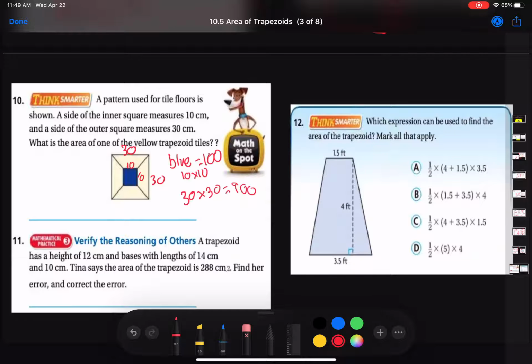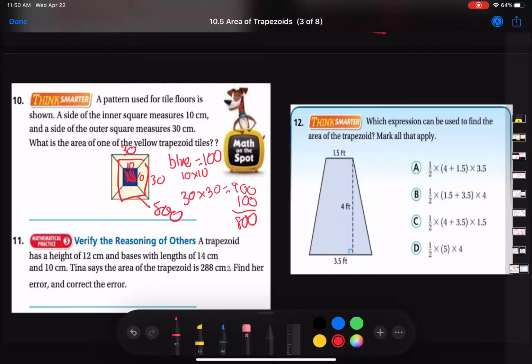So now I need to take away the blue. I need to take away this blue right here from the 900. And the blue is 100. So take that away and you're going to have 800. So all of this right here is 800.